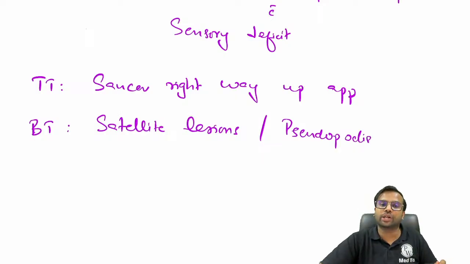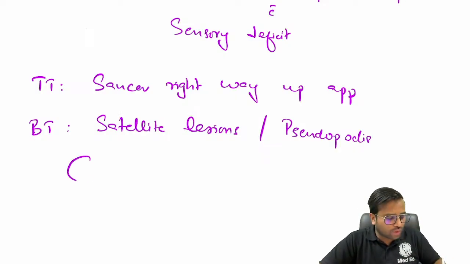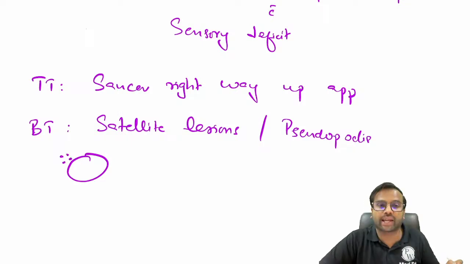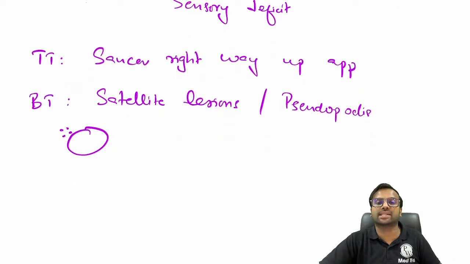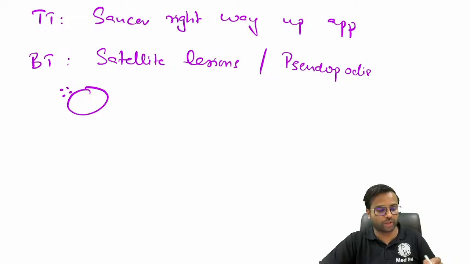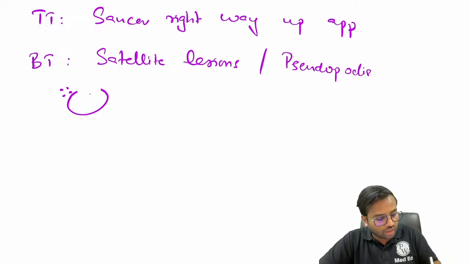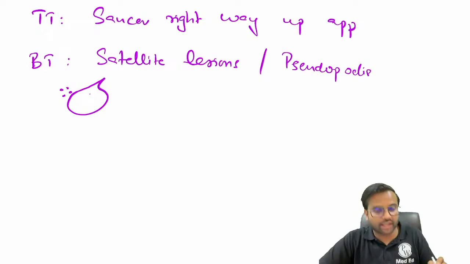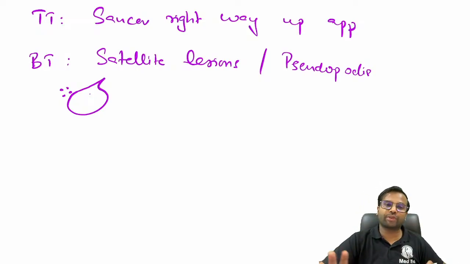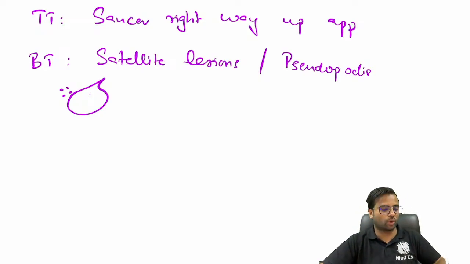Satellite lesions and pseudopodia, which means outside the main lesion, if you can see some small lesions like this, those are called as the satellite lesions or pseudopodia. Pseudopodia means there will be some projections like this from the main lesion, finger-like projections, that is called as pseudopodia.